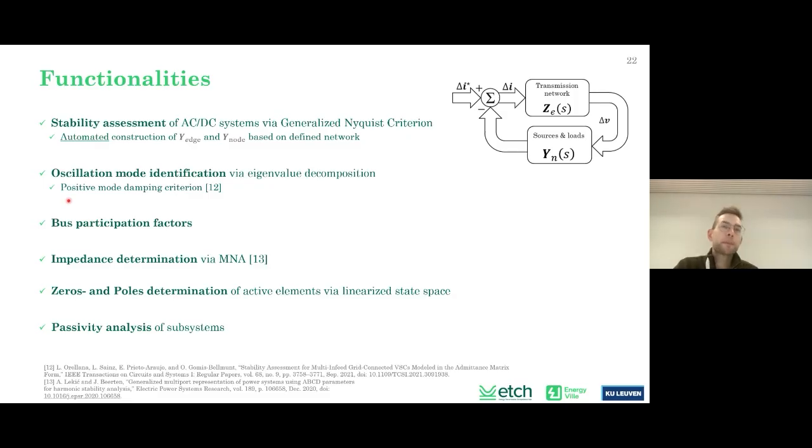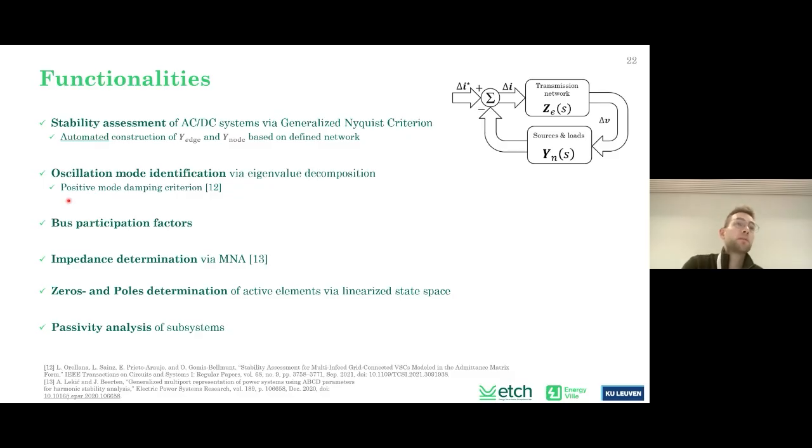And what is really nice for GNC, for generalized Nyquist, is that you also get the result in the terminal and see whether the system is stable or not. And you can also see the stability margins in case you run the stability assessment. Then the tool PowerImpedance can do an oscillation mode identification via eigenvalue decomposition.